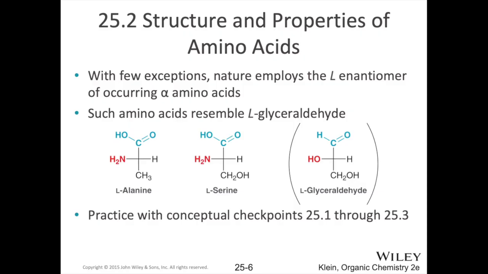As you can see here, if we list our carbons in order, with our acid group at the top and our side chain, our R group, at the bottom, the amine and the hydrogen are your two groups attached to that chiral carbon in your Fischer projection. Having the amine on the left gives you the L enantiomer.